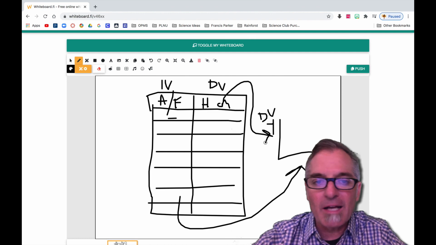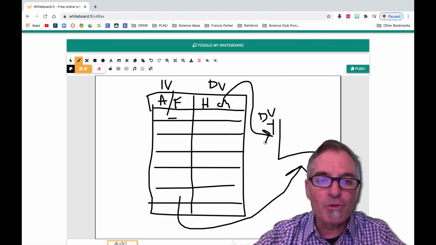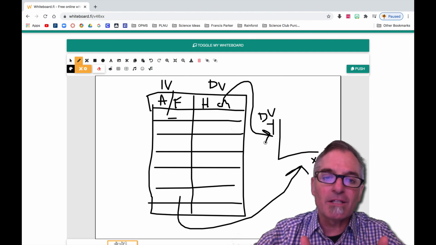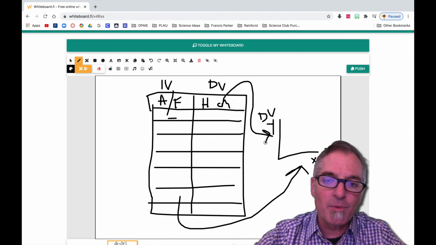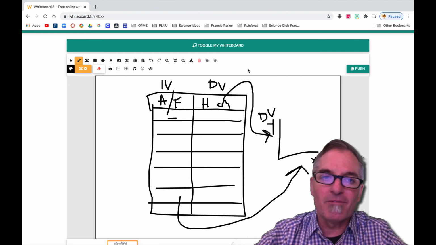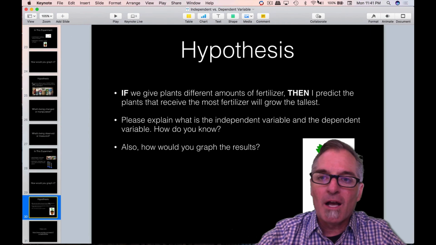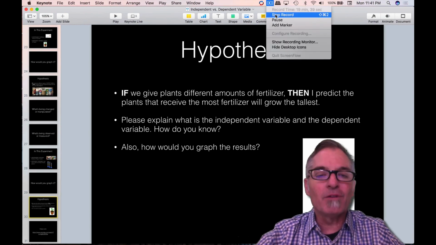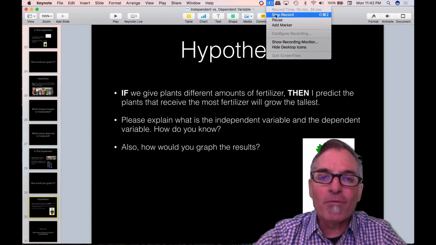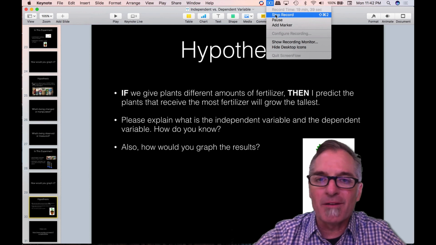So that's the correct way to create a scientific table to collect your data and where you're supposed to put the independent variable and the dependent variable. So I hope that you found this video helpful in reviewing independent variables.